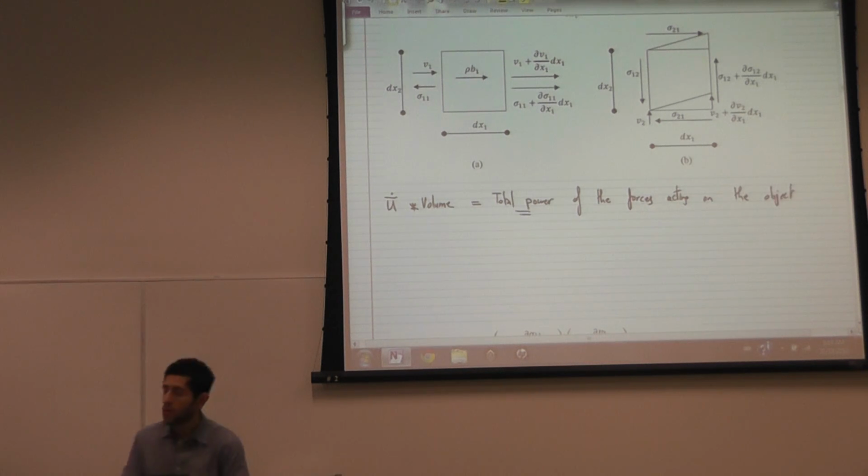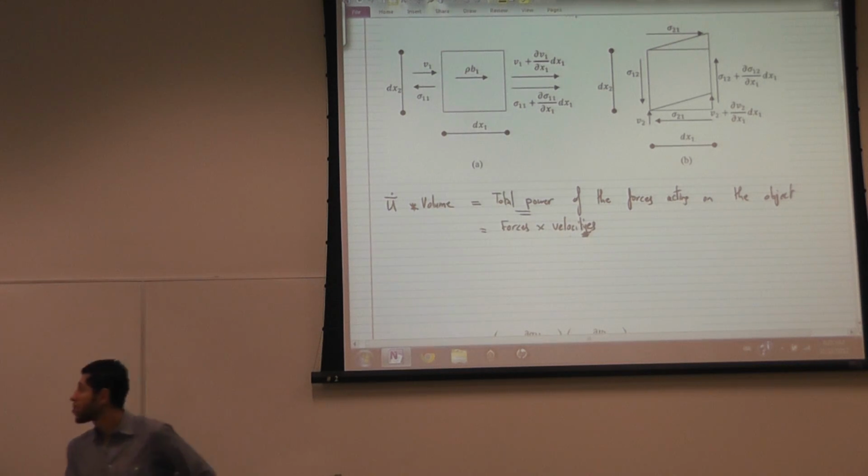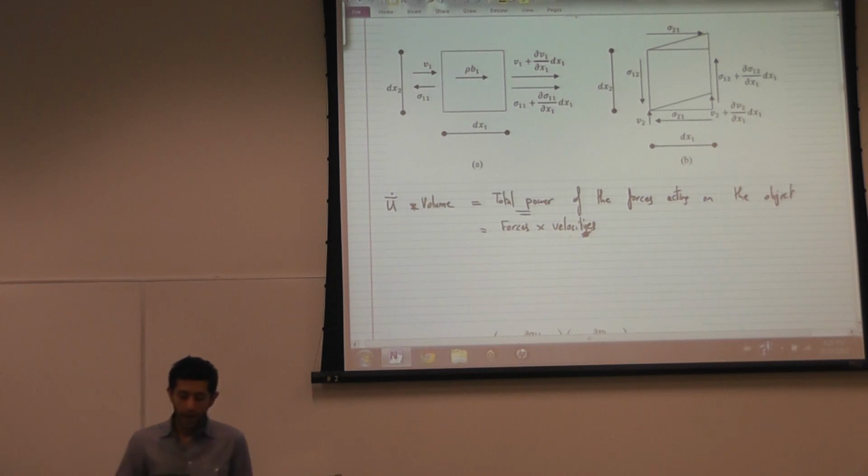So the total power of the forces acting on the object is equal to the force multiplied by the velocity. This is equal to forces multiplied by velocities, summed: each force multiplied by the corresponding velocity. And let's look at what forces we have and what velocities we have.